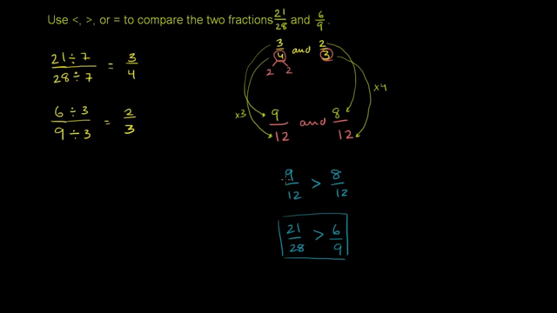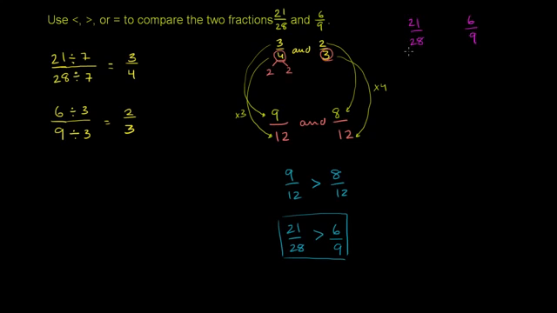Another way we could have done it, we didn't necessarily have to simplify. Let me show you that just for fun. If we didn't think to simplify our two fractions first, 21 over 28 and 6 over 9, we could just find a least common multiple in the traditional way.